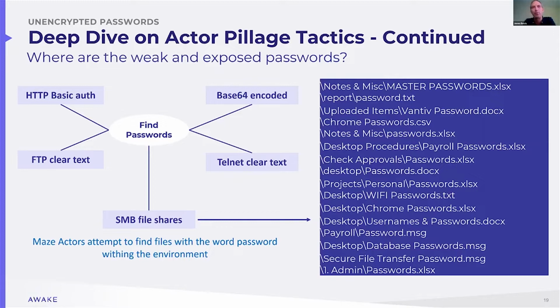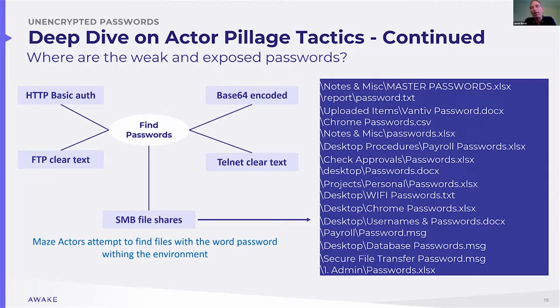So any actor that's actually sniffing the wire is going to pick that stuff up. But if you look at the SMB shares, and these are some real life examples of just what we see, those are active in customers. So it's pretty easy when you think about it. I think I know one customer that doesn't have password files in their environment, and there's a question of why at this point.